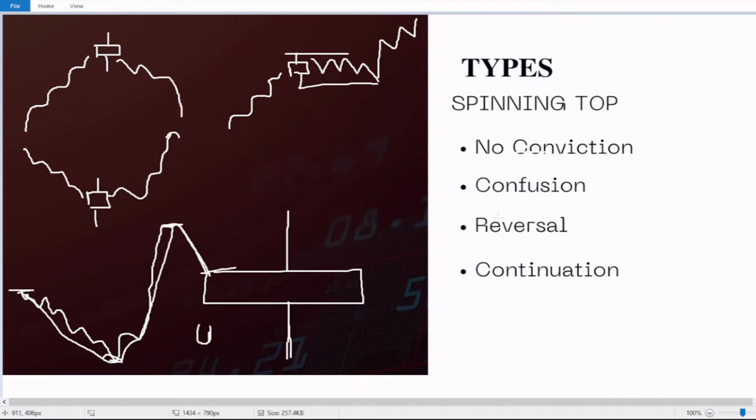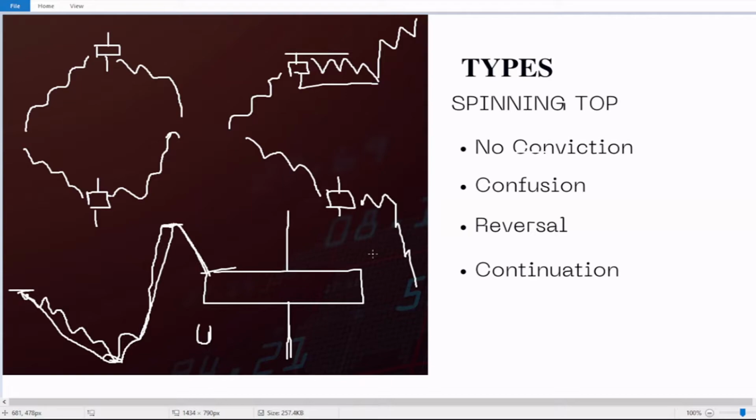That is why we say it might be a continuation candle, where there is a kind of accumulation happening at this level. The same thing can happen on the downside as well. The price is going downside, you might have a spinning top followed by some confusion in the market, and finally the price going down. So this can act as a reversal or continuation pattern.